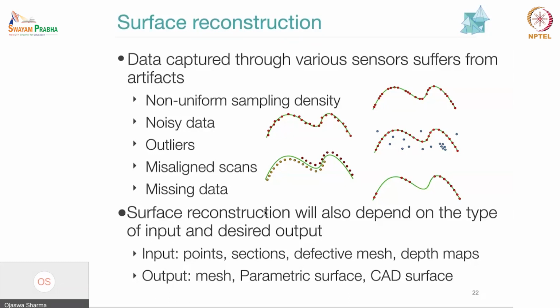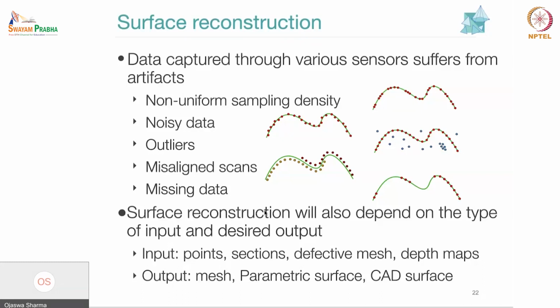Then there could be misaligned scans, because usually if it's a bigger object, you would want to scan it from multiple sides and merge those scans. That is, you capture points from one side, and then you capture from another side, and then another side, and then you would want to merge them, align them together.